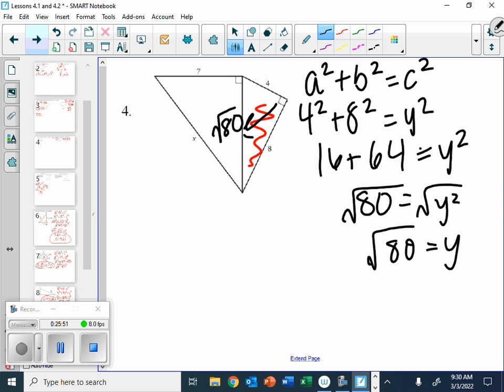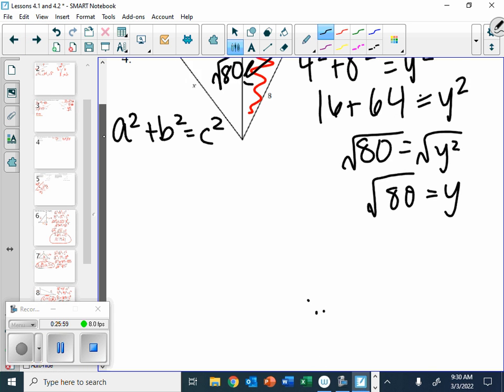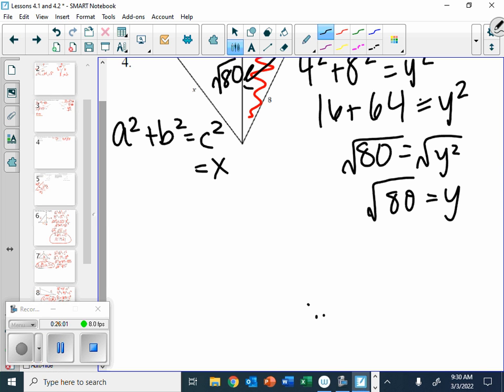Alright, so once again, a squared plus b squared equals c squared, but c is going to be x. So that's going to be equal to x squared. Okay? So now let's plug everything in. One of my legs is the square root of 80. You will see why I'm doing this in just a second. And then my other leg is 7.